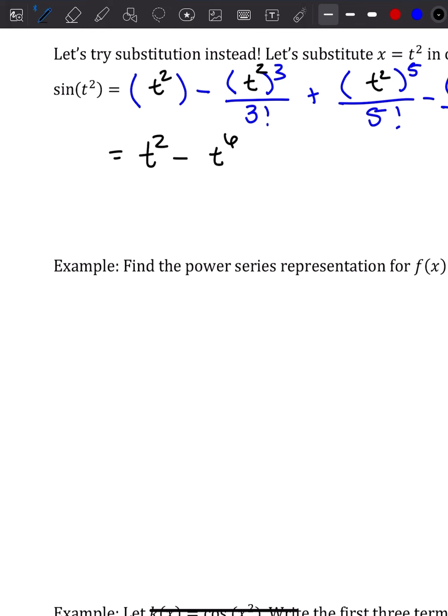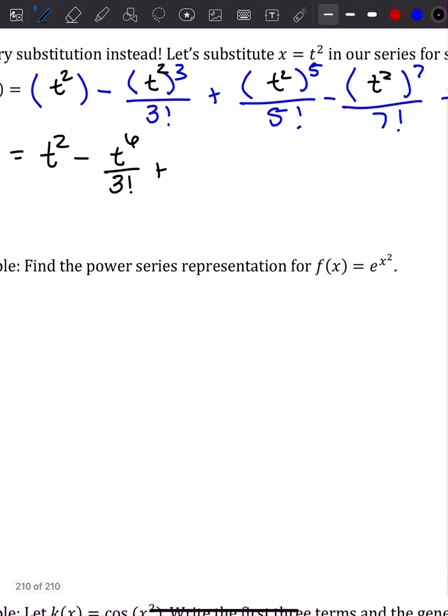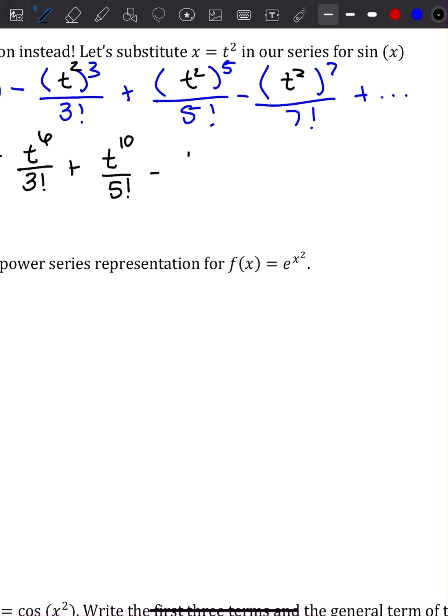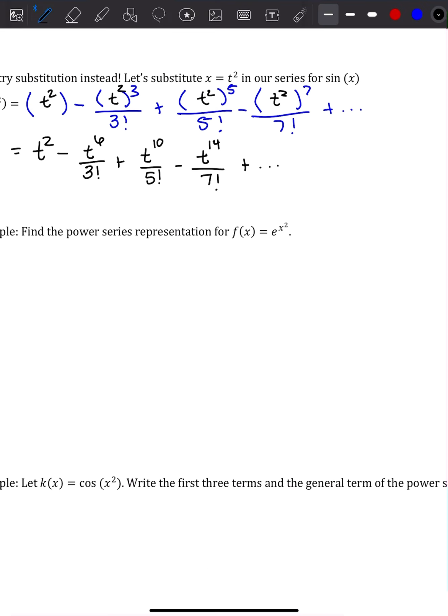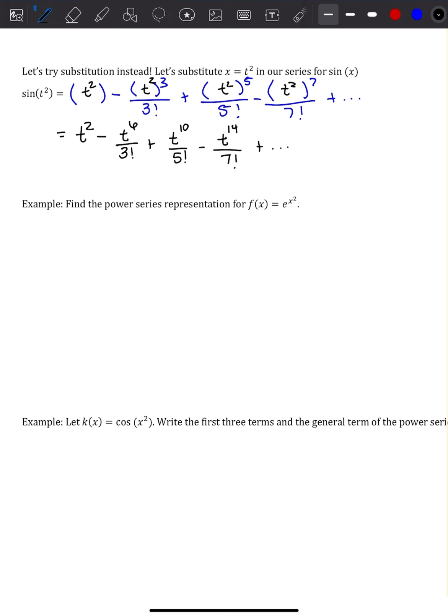So we have t to the 6th over 3 factorial. t squared to the 5th power, multiply them together, we get t to the 10th over 5 factorial. t to the 14th over 7 factorial, and that's going to go on forever. So we didn't need to do a ton of stuff. We can substitute what we want into our function and then simplify as we go. If we can remember the base functions, then we can substitute to get everything else that we want.